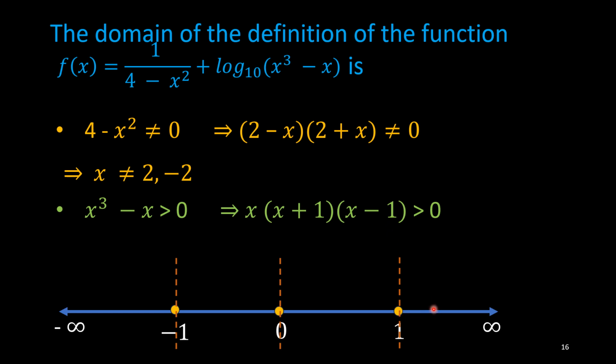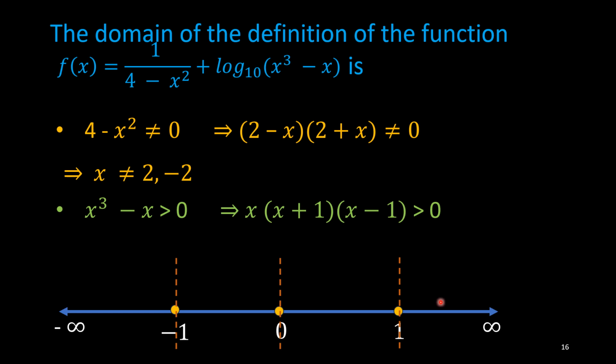So if I consider any point in the range 1 to infinity, all the points will be on the right side of these 3 dots. That means every term will give a positive value, thus the total product will become positive. Thus this range is positive.